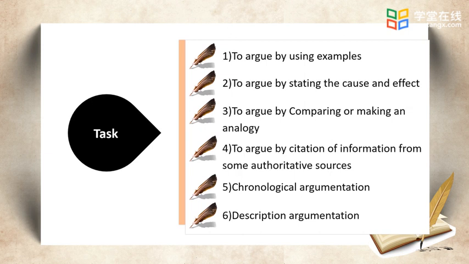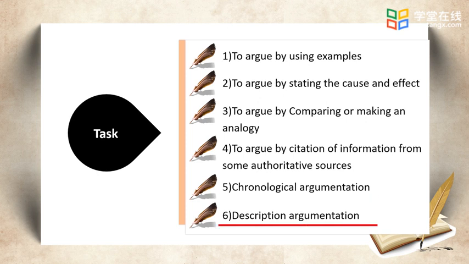Having made an analysis of this sample essay, let's draw some conclusions about the various methods of argumentation. I won't explain the first four methods listed here, since I have just given a detailed explanation about their application in the sample essay. Let's start with the fifth method, chronological argumentation, which is a journal-style format, which progresses point by point, with details about each point given in the order in which it occurred.